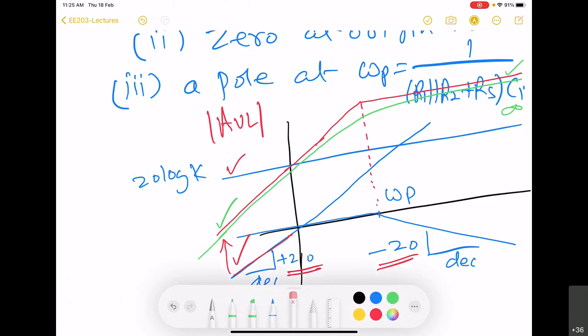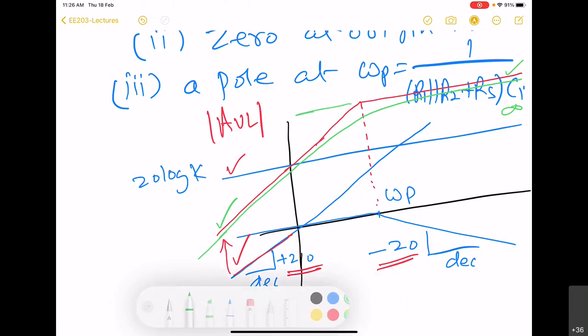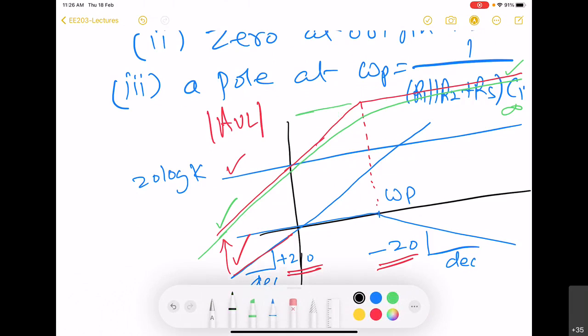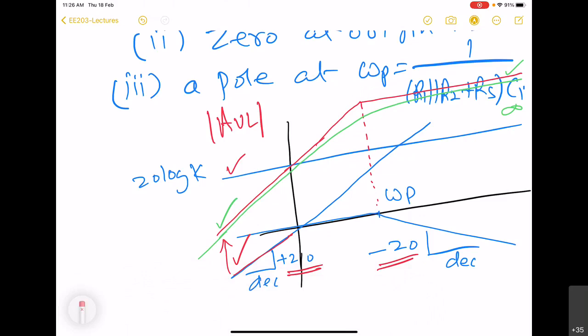So here one question will arise is that what is the value of this horizontal line? This value, what is this numerical value of this level? So one quick way of finding out this is that here you can see that this line is basically tangent to the actual one at infinity.